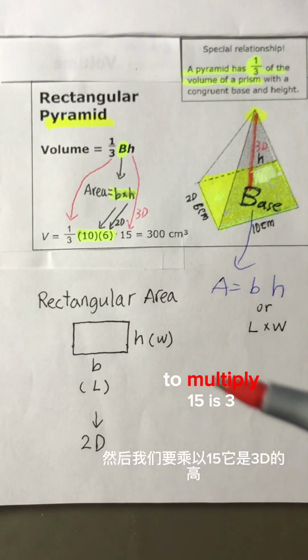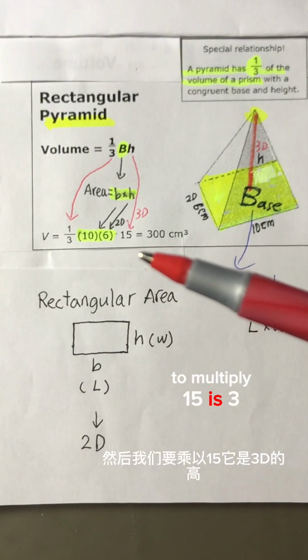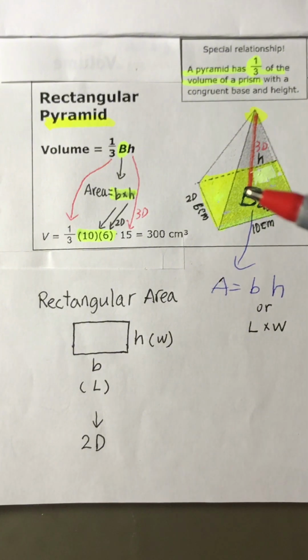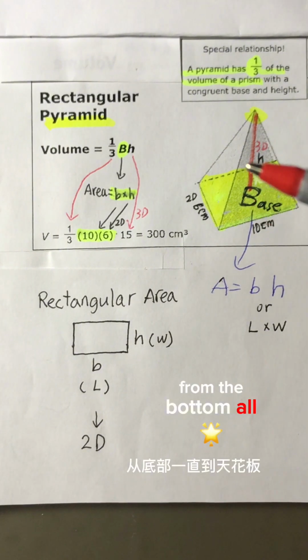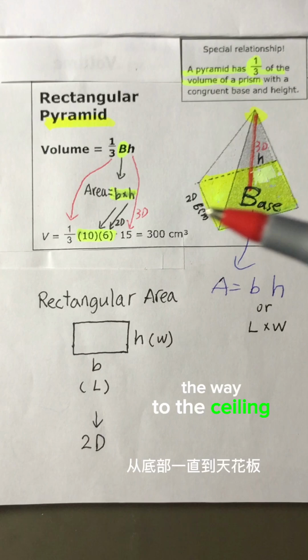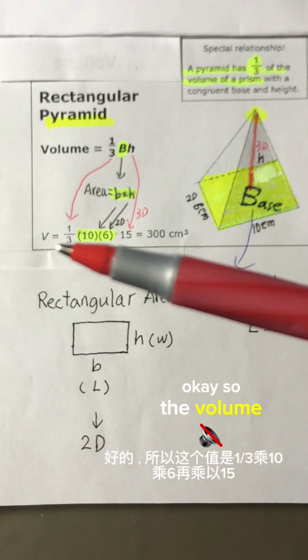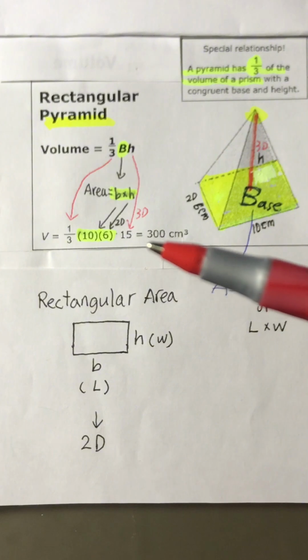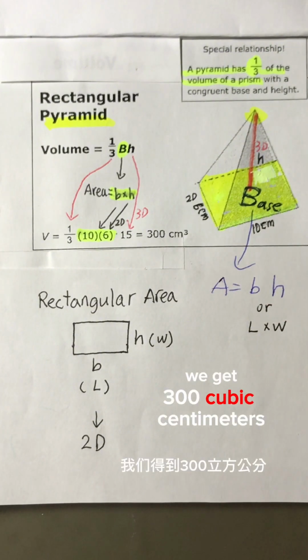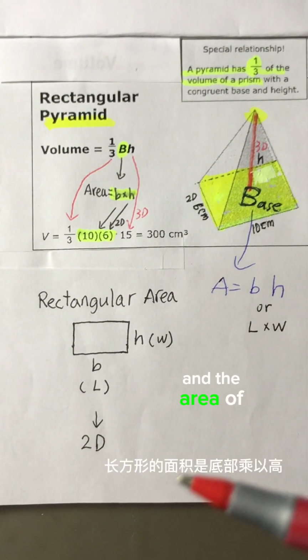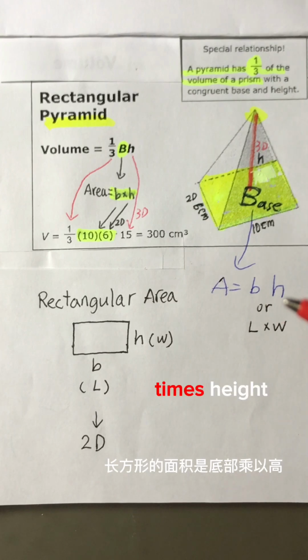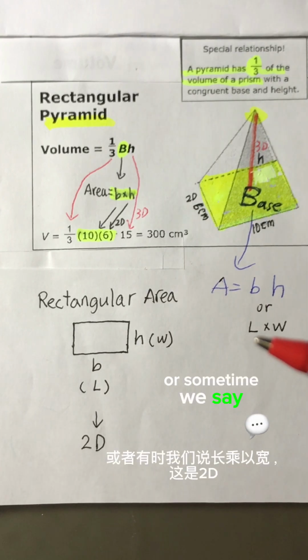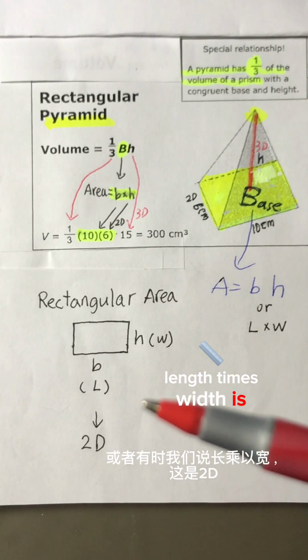Then we multiply by 15, the 3D height from the bottom all the way to the top. So the volume is 1/3 times 10 times 6 times 15. We get 300 cubic centimeters. And the area of a rectangle is base times height, or sometimes we say length times width. It's 2D.